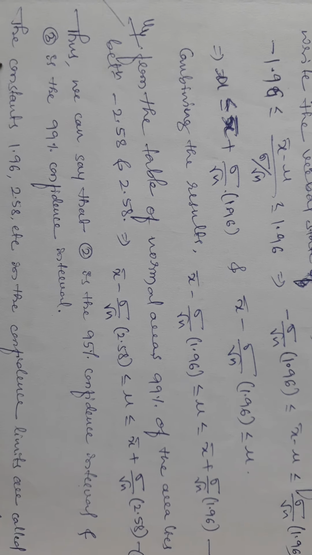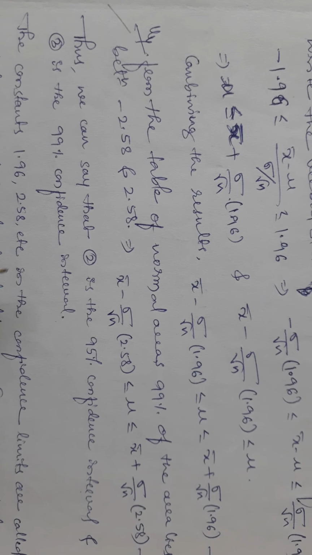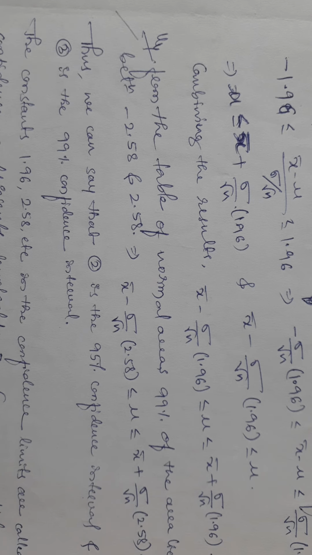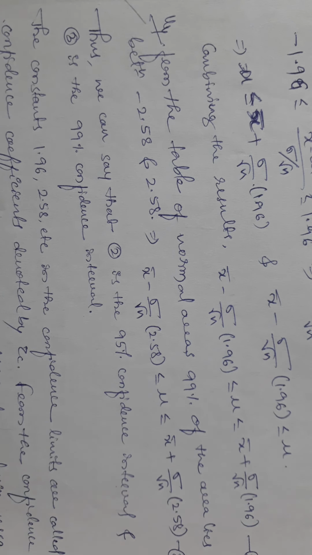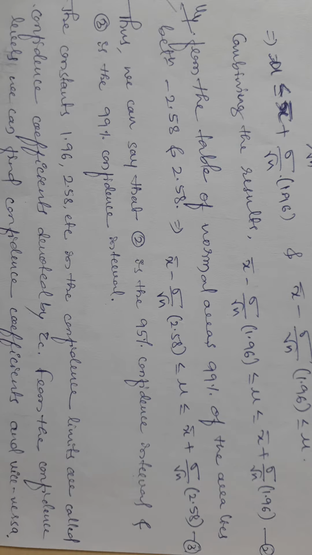The constants 1.96 and 2.58 in the confidence limits are called confidence coefficients, denoted by Zc. From the confidence level we can find the confidence coefficient and vice versa.